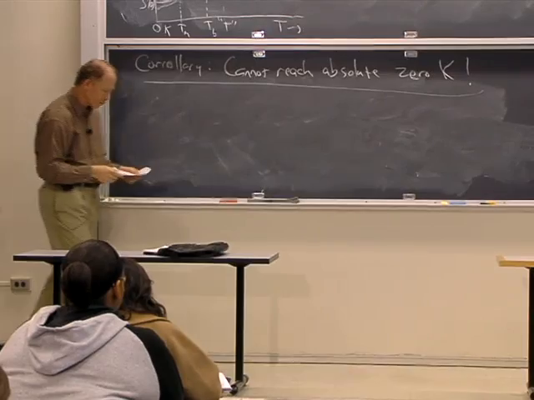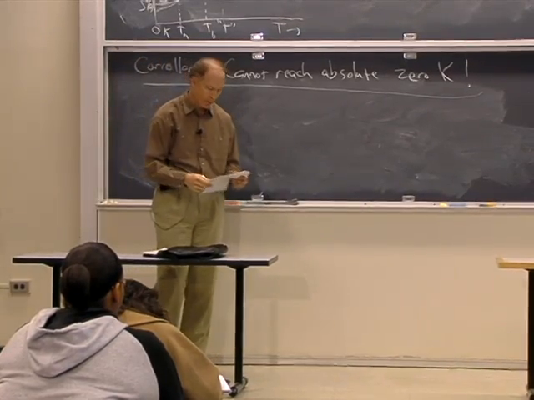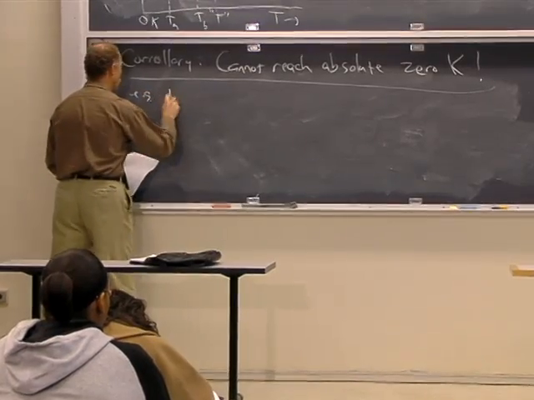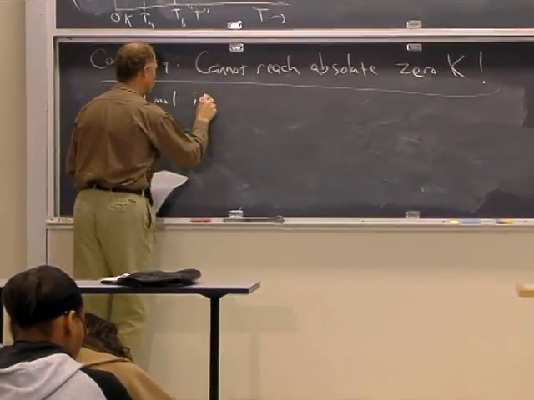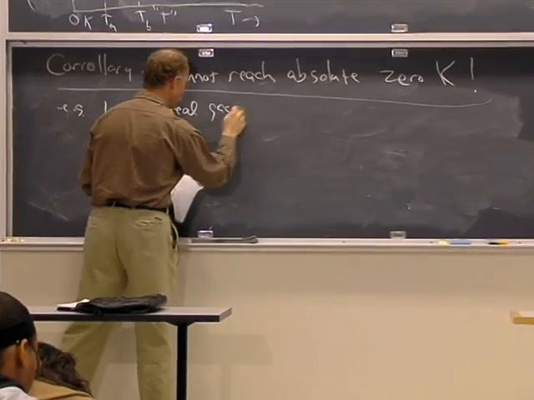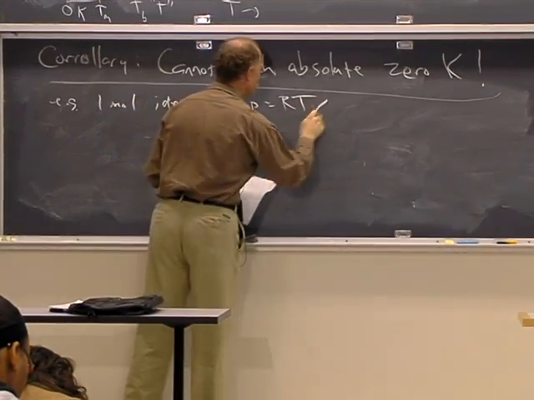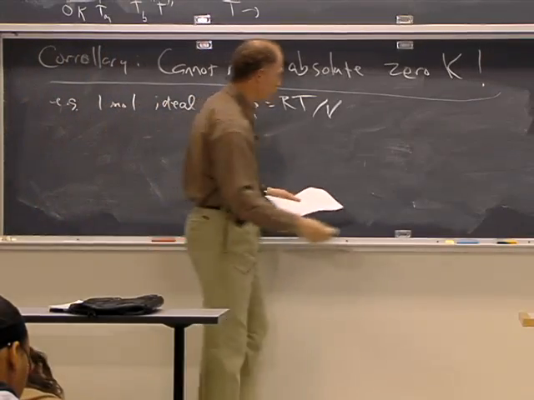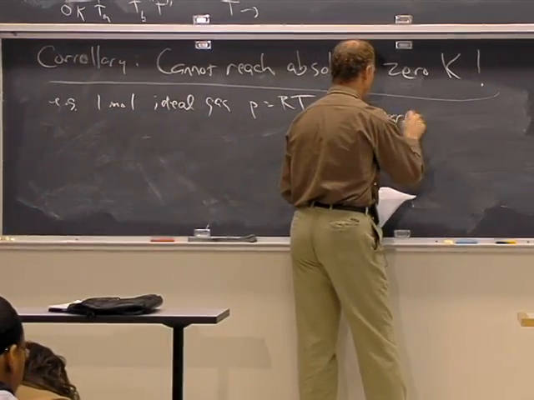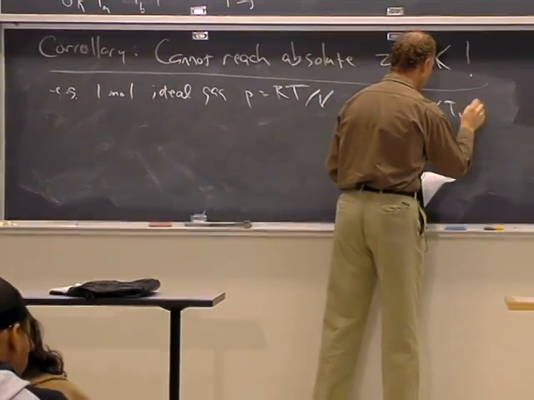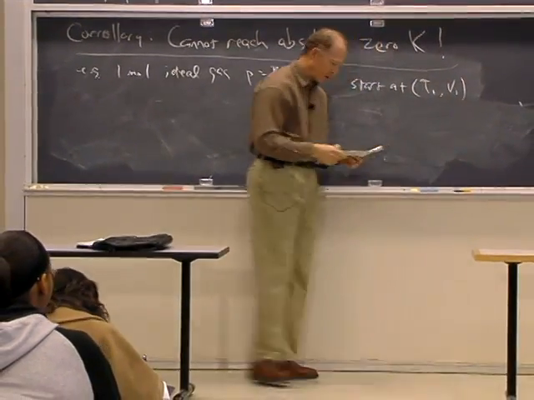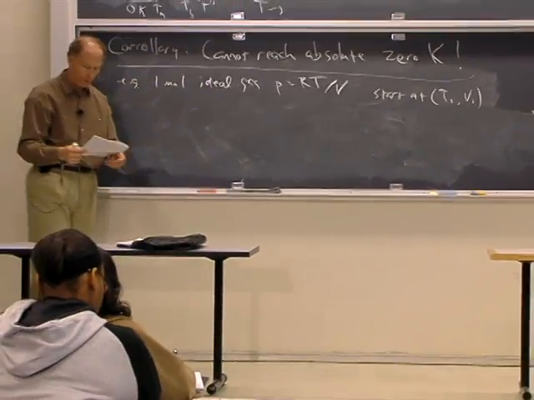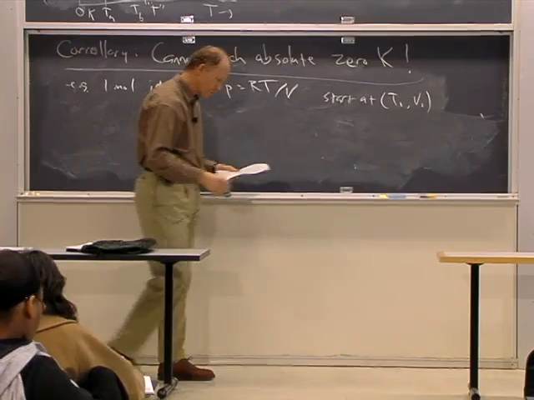All right. Let's consider a mole of an ideal gas, right? So P is RT over V. And let's start at T1 and V1. And now let's bring it down to some lower temperature, T2, in some spontaneous process.